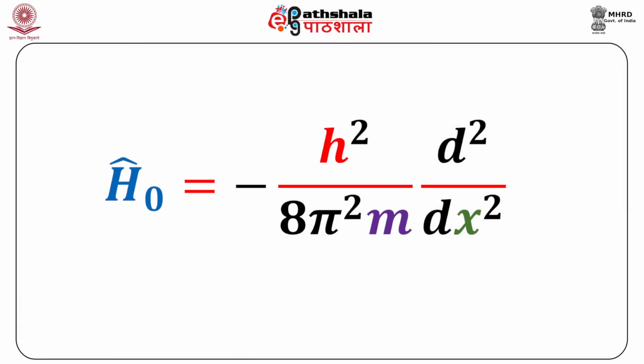Now, to solve the Schrodinger equation, we first have to find out the unperturbed part of the problem, and then we will apply the successive correction. The unperturbed Hamiltonian H0 cap would be minus h square upon 8 pi square m d2 by dx2.